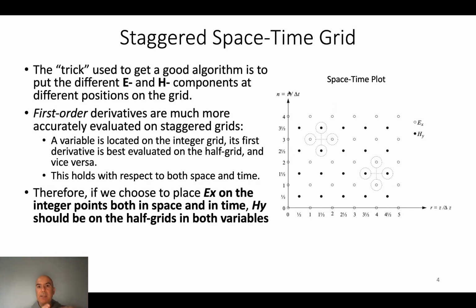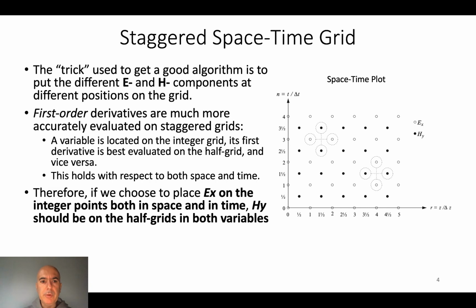So we discretize the time in different time intervals. We're going to discretize our electric field and magnetic field on this space-time grid. As we saw in a previous lecture in this module, first-order derivatives are much more accurately evaluated on staggered grids. In particular, they have much better dispersive properties.